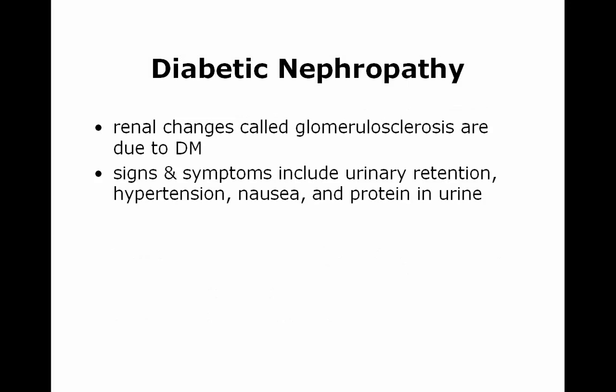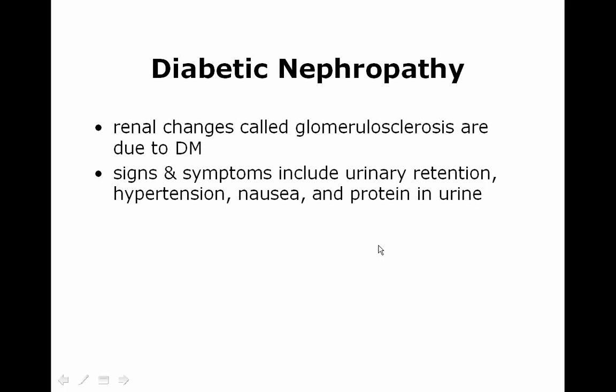Diabetic nephropathy, disease condition of the kidneys due to the diabetes mellitus. Because of long-standing diabetes mellitus, the person will develop renal changes called glomerulosclerosis. Signs and symptoms: urinary retention, hypertension. Hypertension again goes along with chronic kidney disease. Nausea, the protein in the urine.